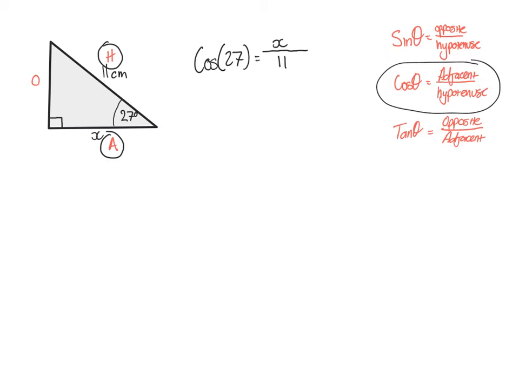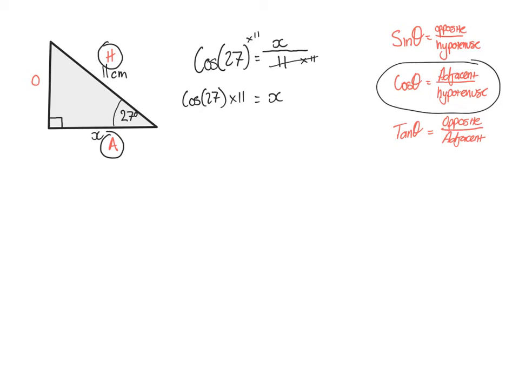Now the next step is to start rearranging this so that we can get x by itself. So the first step would be to multiply both sides by 11, so we're doing opposite operations, and that way that 11 will cancel out and we'll just be left with x on this side. And then on the other side we have cos 27 multiplied by 11.